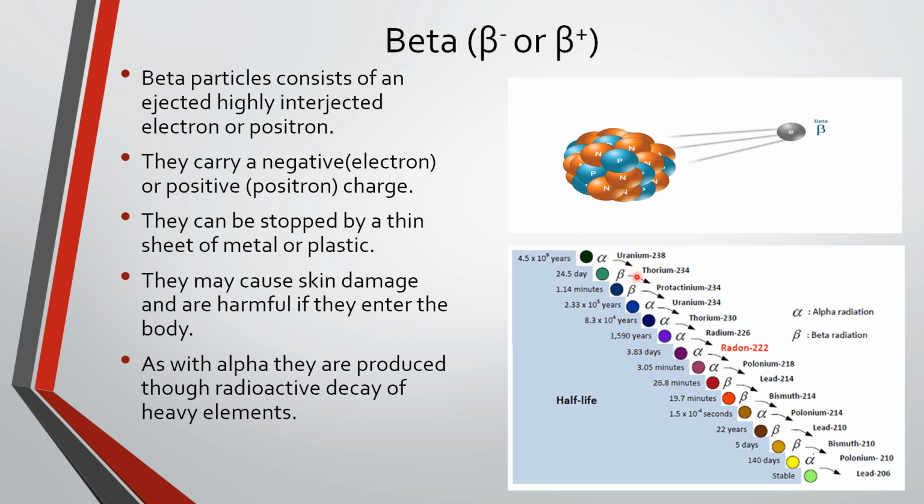If it goes out through an alpha, it has given up 2 protons, so of course, from the first videos, it's going to change what element it is. It's given up 2 protons and 2 neutrons, and if you look, the atomic mass number has gone down by 4, which makes sense.